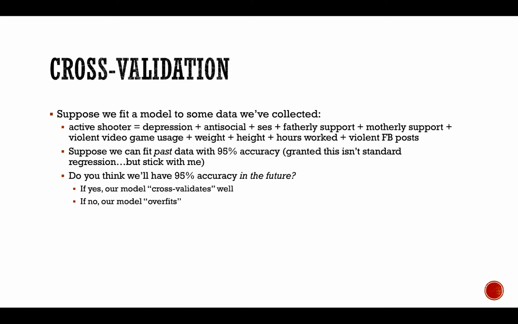So let's say we have a model and we fit it to some data that we've collected, and we have this kind of generic model. It could be a regression model or some other function.